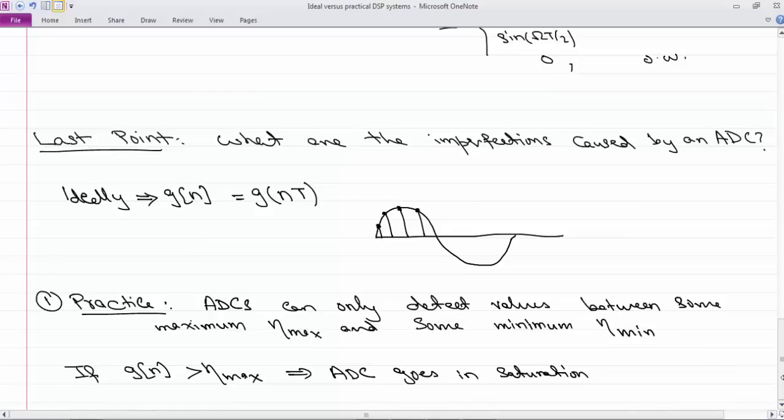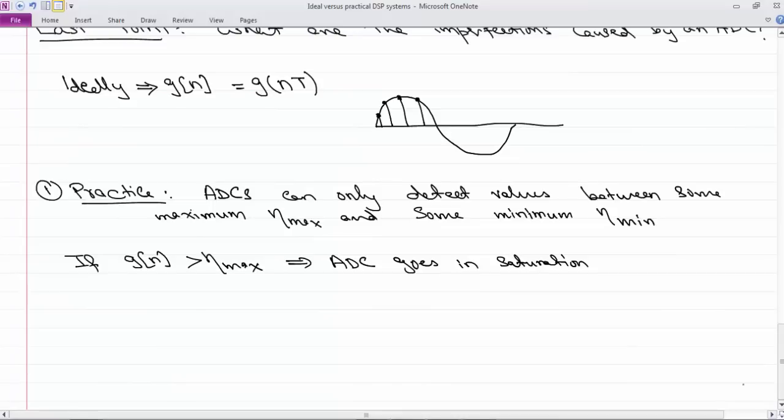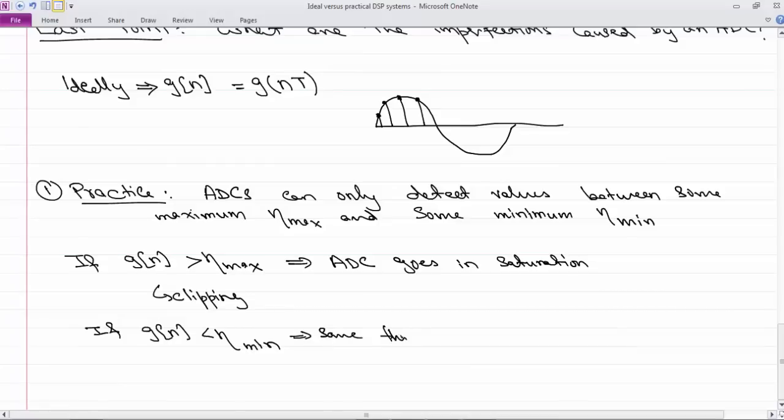Okay, so that phenomenon is called clipping. And the same if Gn is less than eta min. Same thing happens.